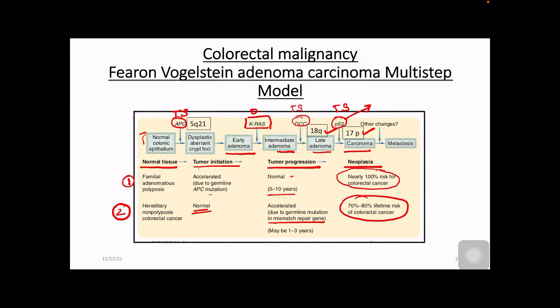And also remember, in FAP there is 100% risk for colorectal cancer, whereas in HNPCC there is only a 70 to 80% lifetime risk. So this is the multi-step carcinogenesis or adenoma-carcinoma sequential model, or the Fearon and Vogelstein adenoma-carcinoma multi-step model. Fine.